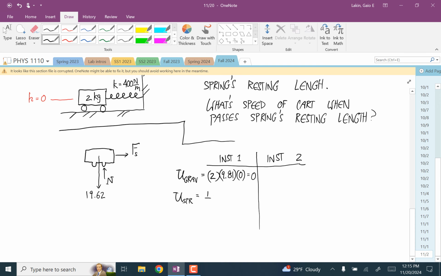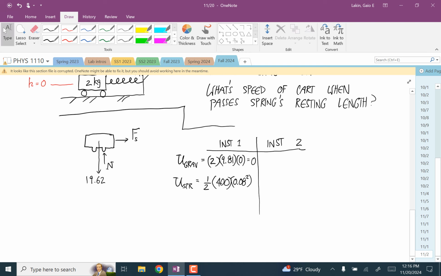So this is 1/2 times 400 times 0.08 squared, and so that comes out to be 1.28 joules.